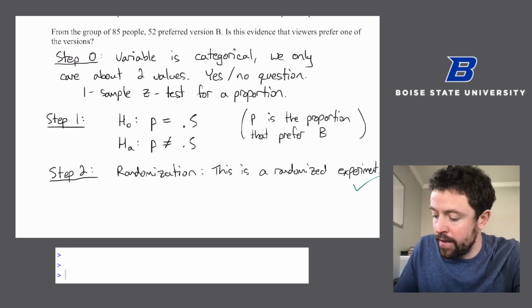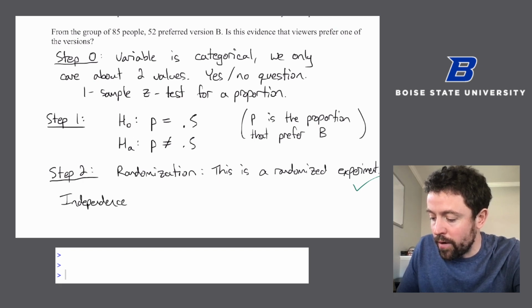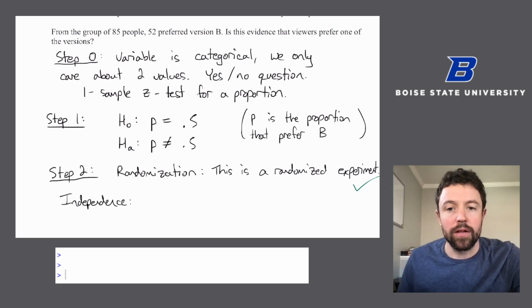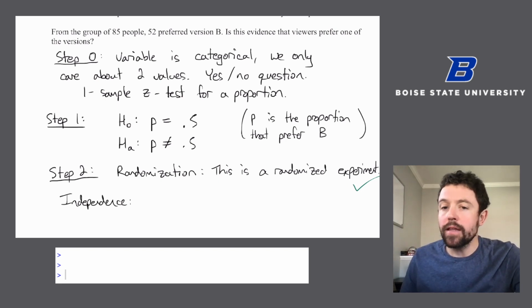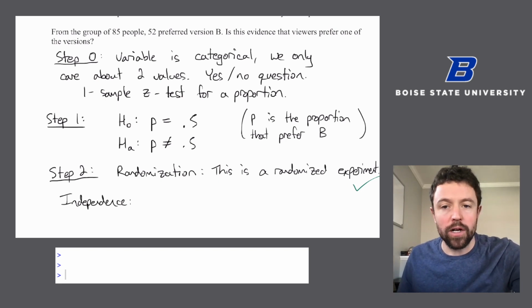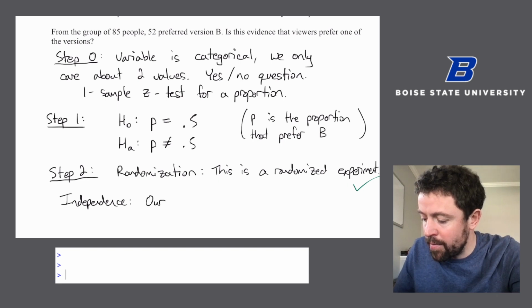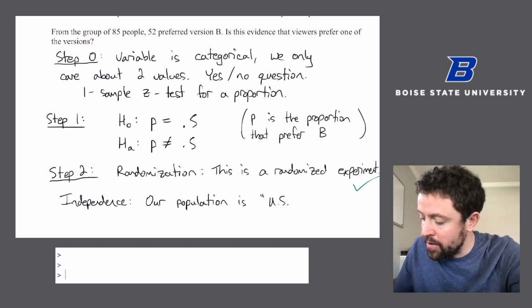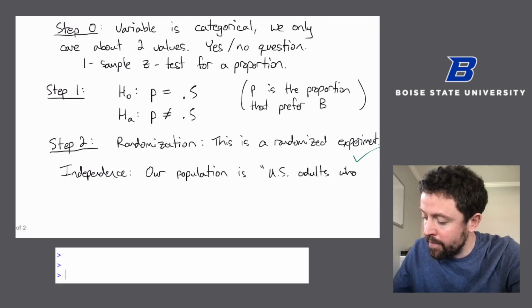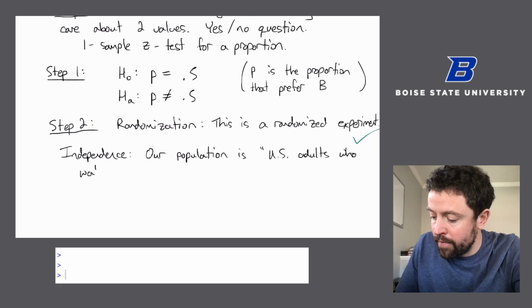We need independence. Now, we're not really told what our population is, so we have to make a reasonable inference based on what we've read. I'm going to say that our population is people who watch television. Let's say maybe people in the US. So let's say US adults who watch television.